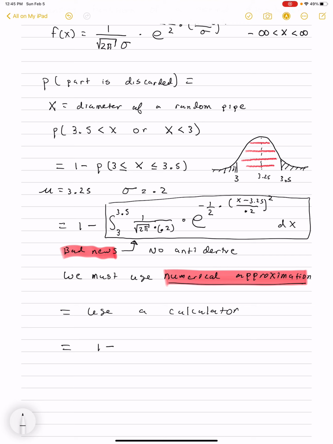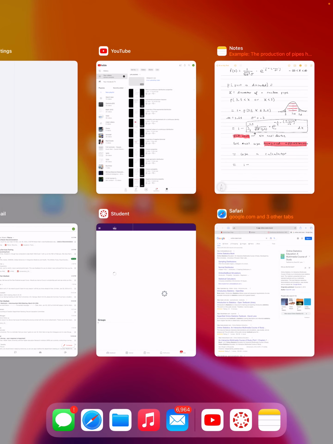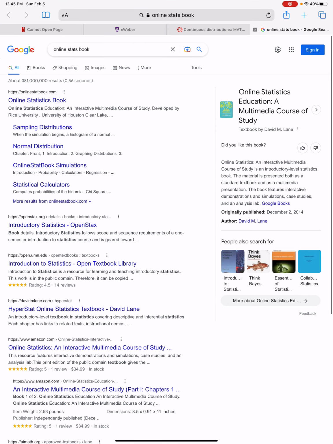So we're going to calculate 1 minus the probability of the interior part, the stuff in red. And here's Google. I've Googled online stats book, and I'm going to use one of their statistical calculators.